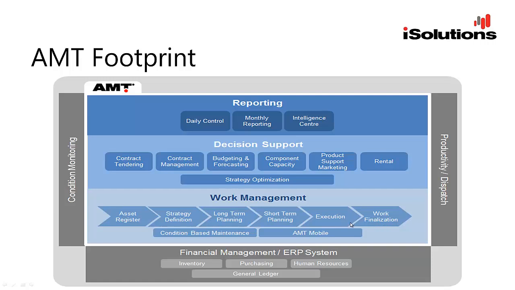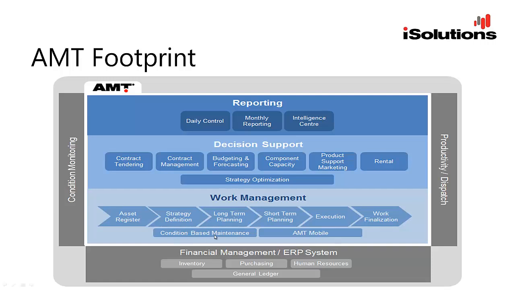AMT does have a work order system that really supports a lot of this short-term planning and execution of work. We have a mobile device, so you can operate AMT in a disconnected mode, and it's really aimed at inspectors, your field service people. It runs on a PC or a tablet. They can electronically complete work, and then that gets checked back into AMT later.